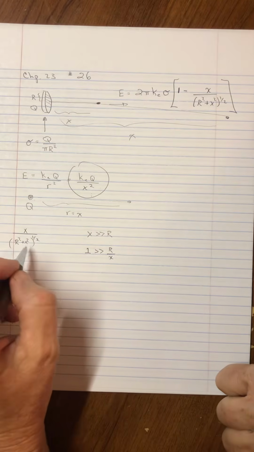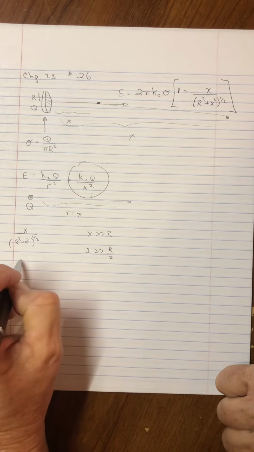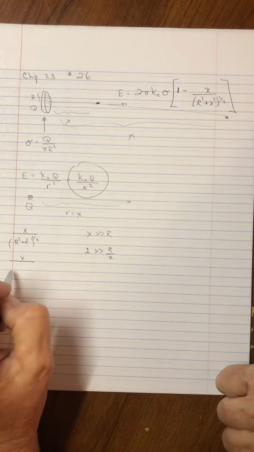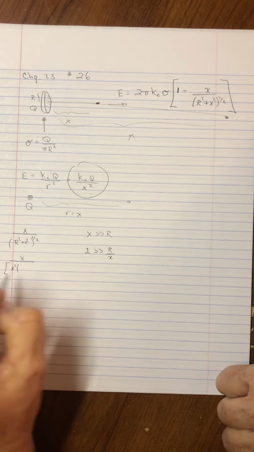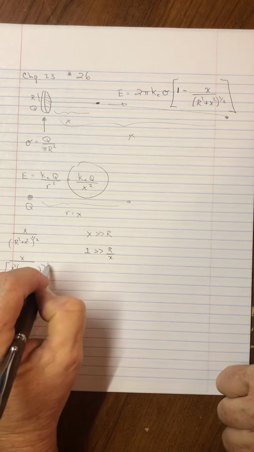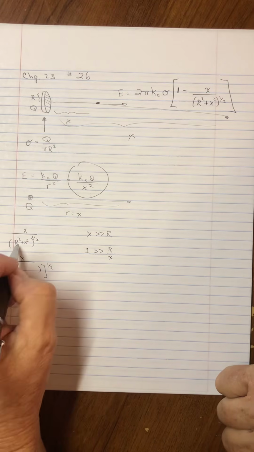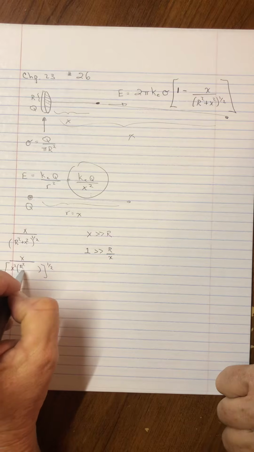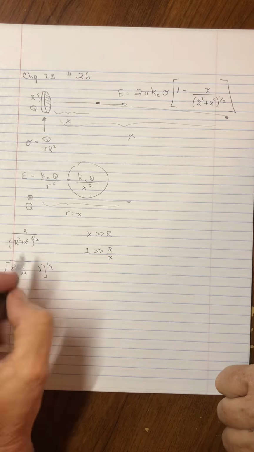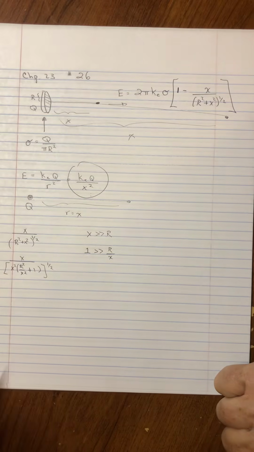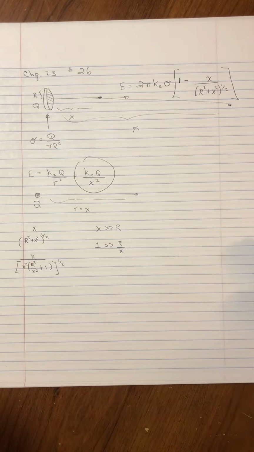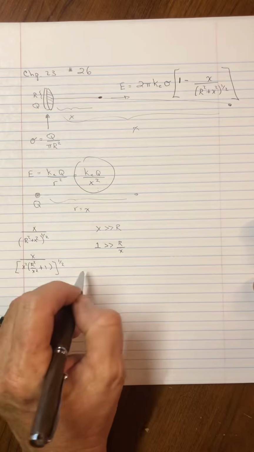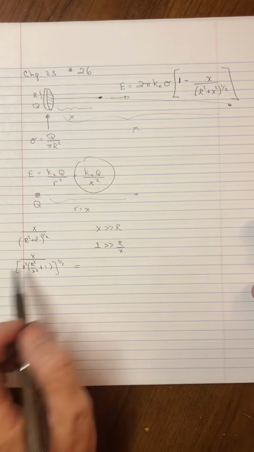So I'm going to take advantage of that right in here. I'm going to factor out an x squared. And when I do that, this term here becomes r squared over x squared, and of course that just becomes a 1. Then let's put equals over here, I'll break this into two parts.